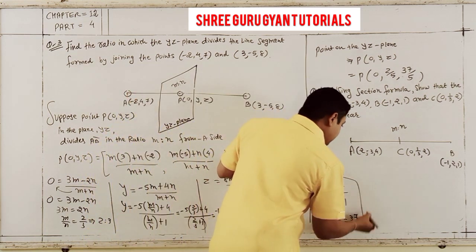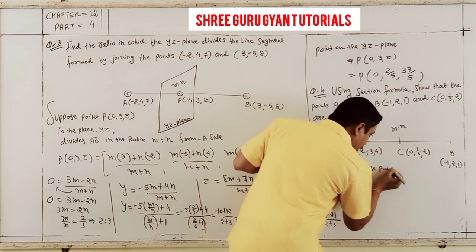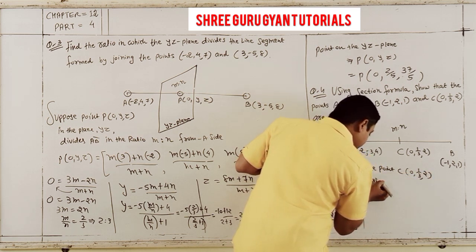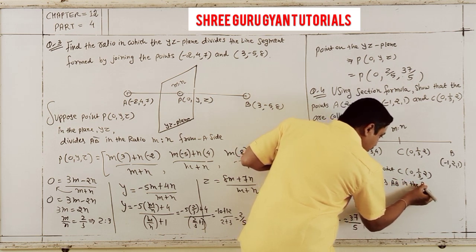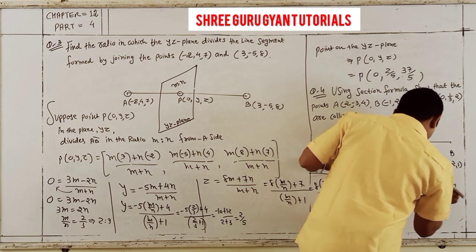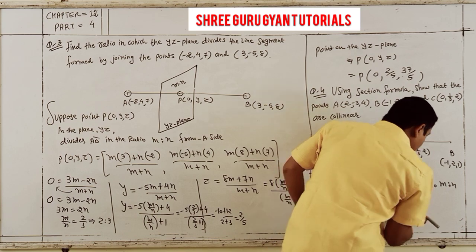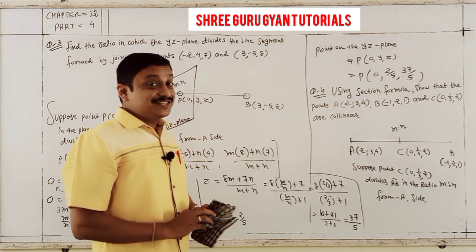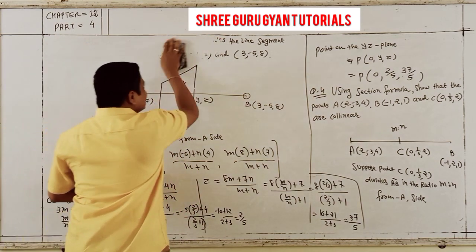And here, suppose point C divides AB in the ratio m to n from the A side, and I just calculate the value of m to n, other than 0 and other than minus 1, and that's the simple way to get my answers.